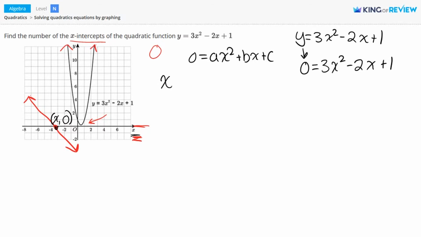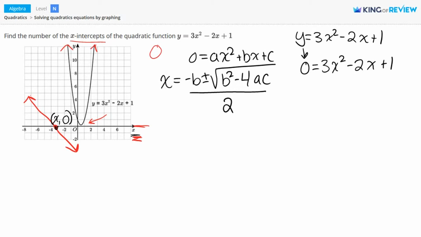The quadratic equation is x equals negative b plus or minus the square root of b squared minus 4ac, and all of this is divided by 2a. We get the a, b, and c values by these numbers here. So in our equation here, a is equal to 3, b is equal to negative 2, and c equals 1.